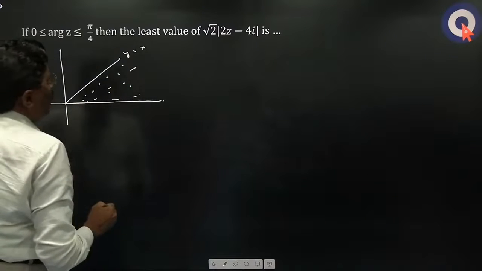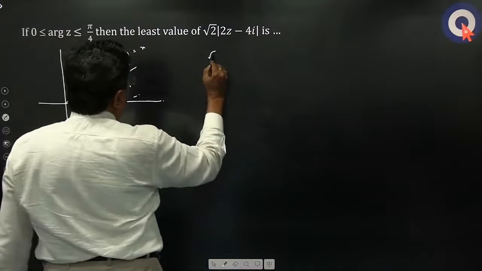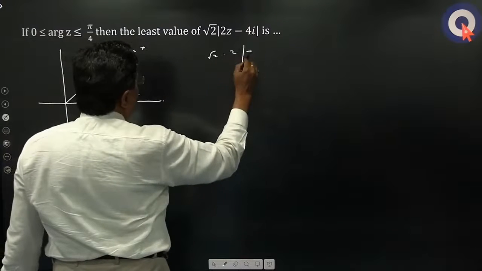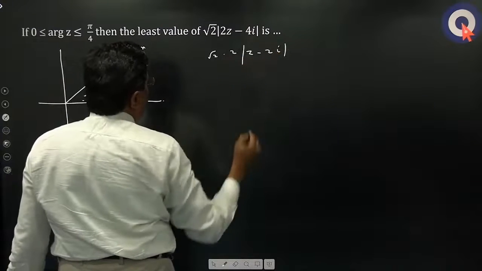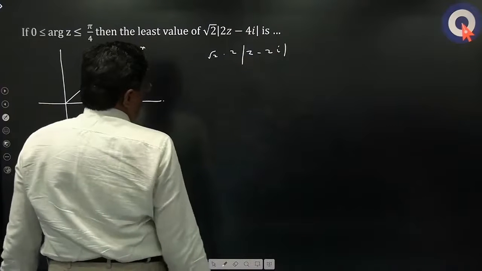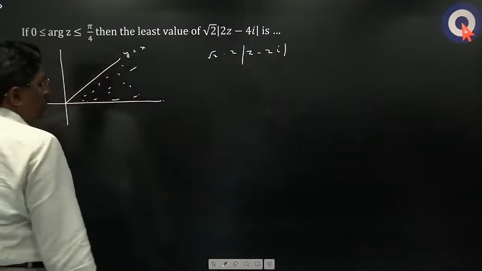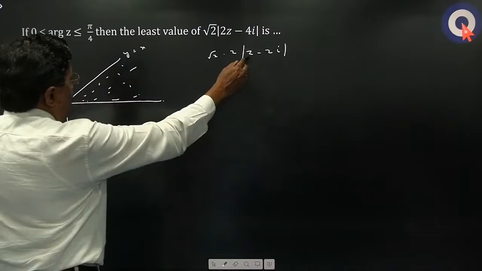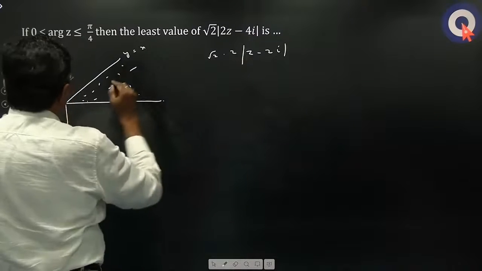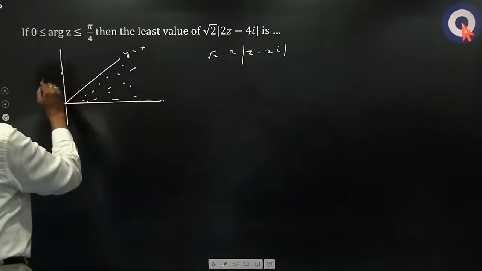Now this is root 2 pulled out, mod of z minus 2i. All right. So what is this point here? 0, comma 2. So 0, comma 2 is here.